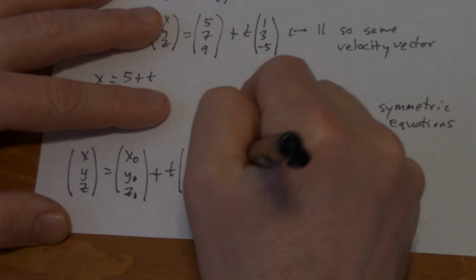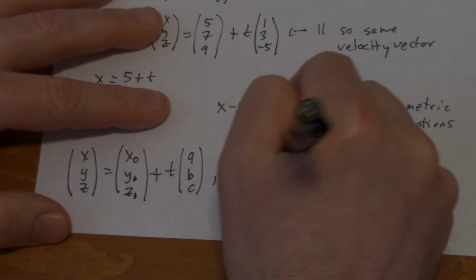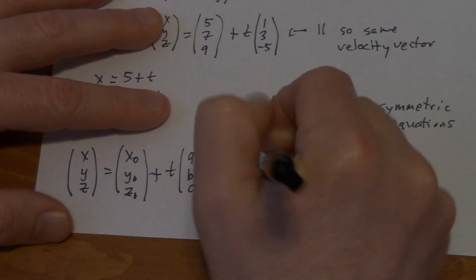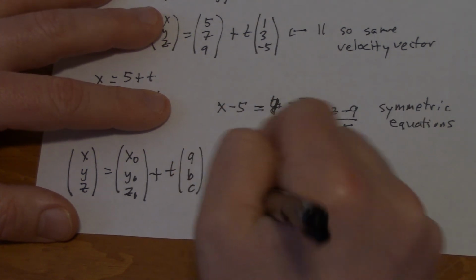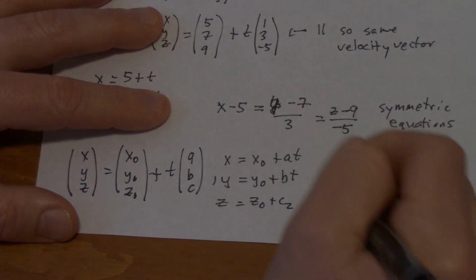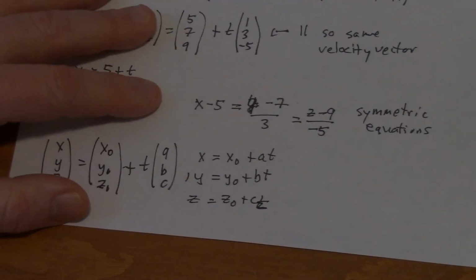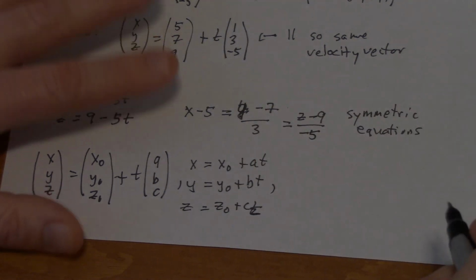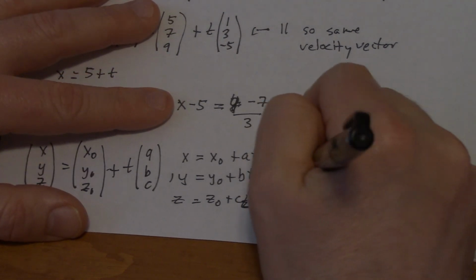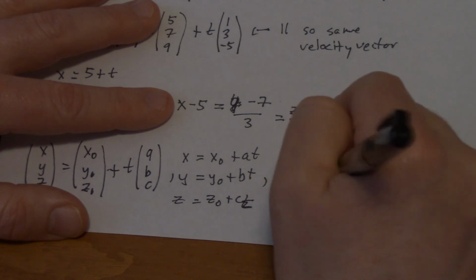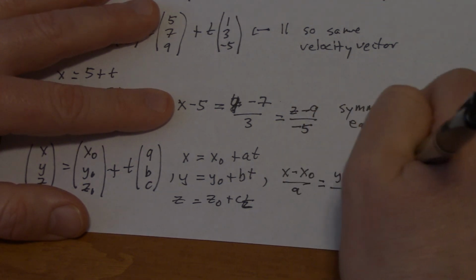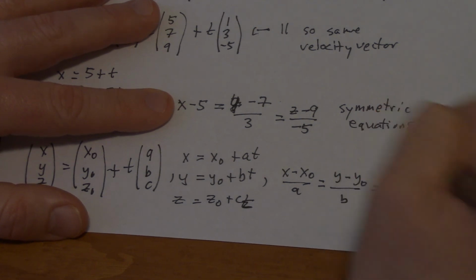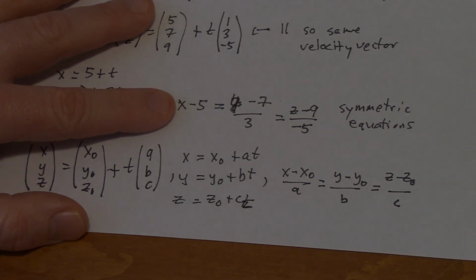Then the parametric form would be x equals x0 plus at, y equals y0 plus bt, and z equals z0 plus ct. And the symmetric form would be (x minus x0) over a equals (y minus y0) over b equals (z minus z0) over c. And that's about it. I do have some problems I'm going to put online for you to look at.